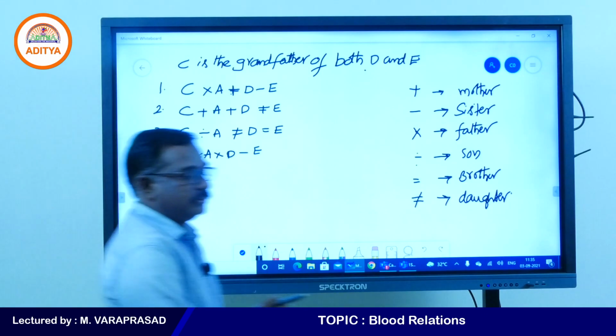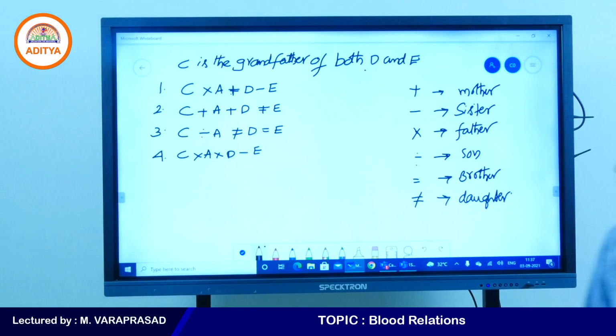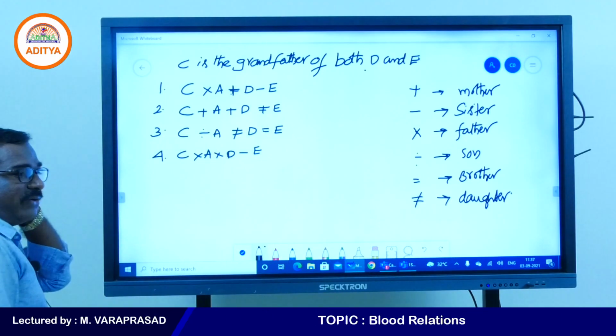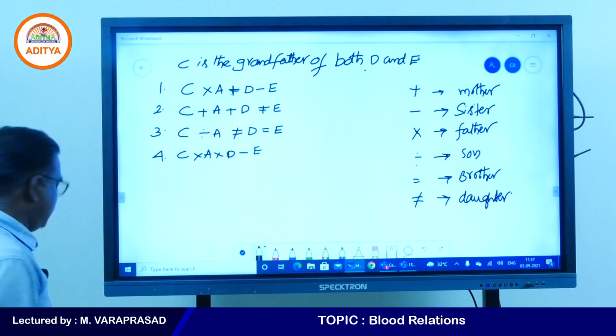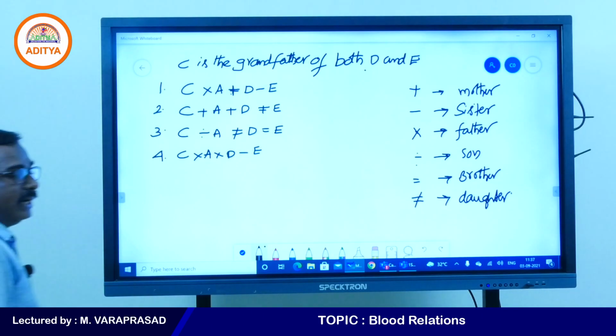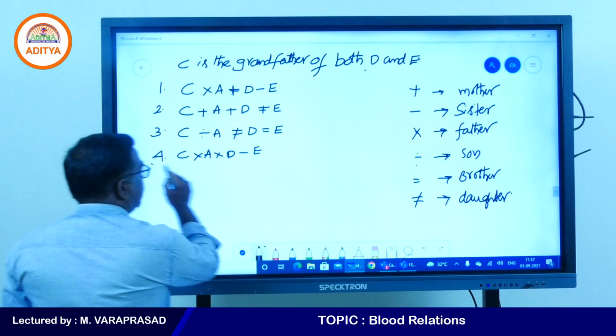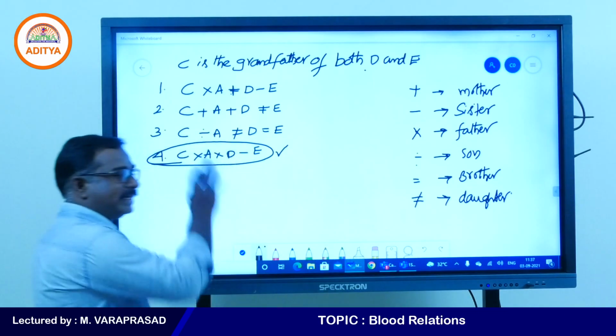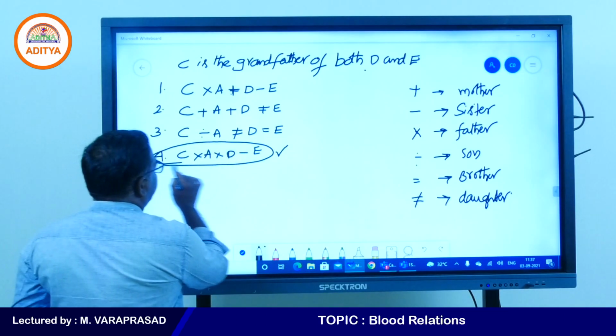The question is: the grandfather of both D and E. Suppose you have written the fourth option, so I will check it, and the first option also. Suppose we take the fourth option.